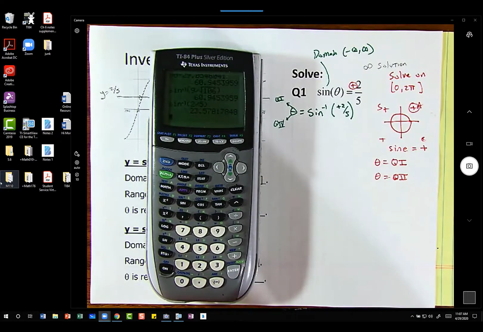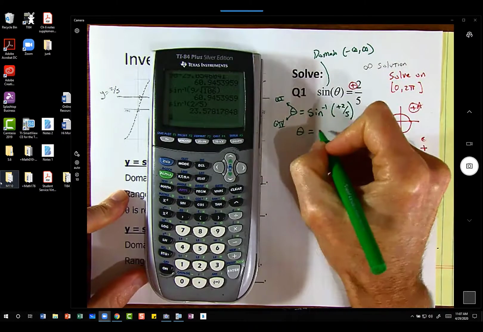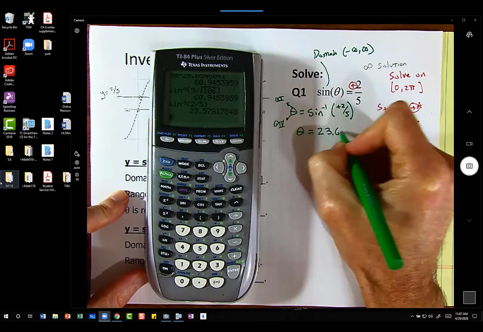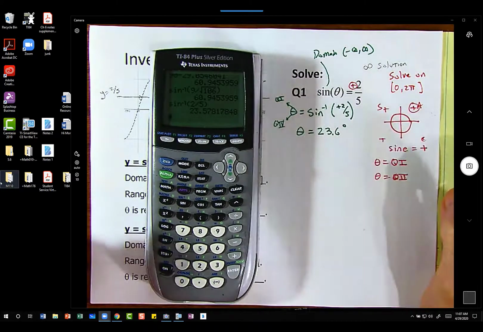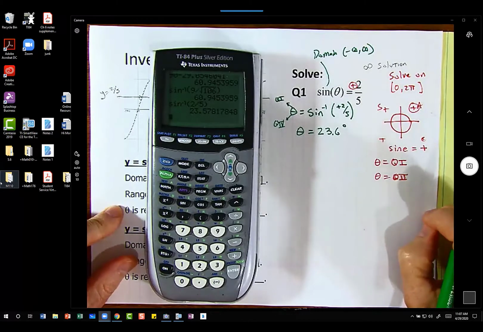And we get 23.5 degrees. Let's call it 23.6 degrees. So theta is 23.6 degrees. And that's in which quadrant? First one. Quadrant 1.